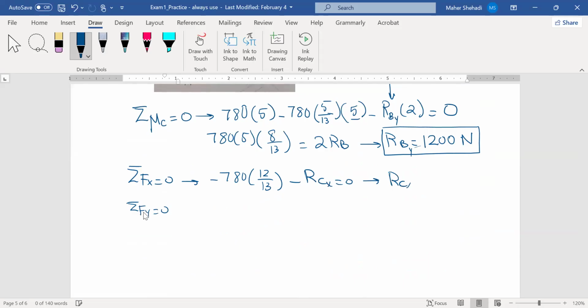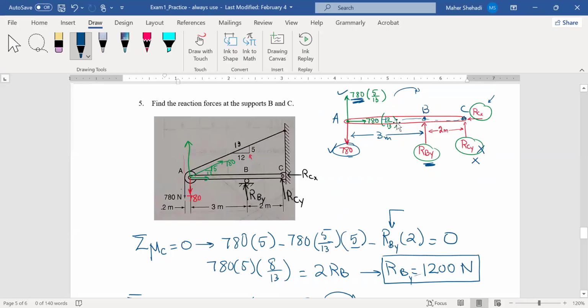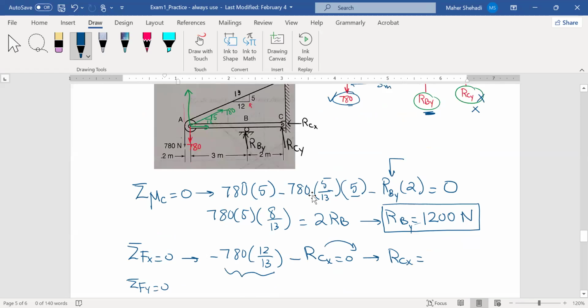Therefore, RCX is minus this answer. Actually, I mixed up. Okay, this one is in the positive. This one, 780 times 12 over 13, has to be positive because it's going to the right. So it has to be positive since I take RCX there. And that would be 720 newtons.